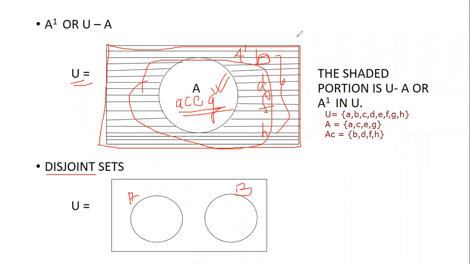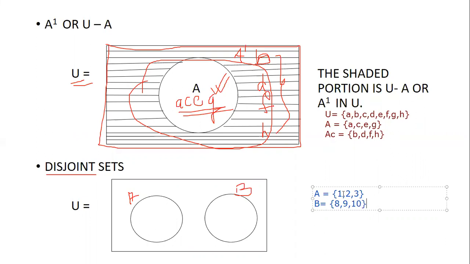Let's take an example, I think the example will be easier for you to understand. We have A, which is equal to, let's say, 1, 2, 3. And then we have B, which is equal to 8, 9, 10.